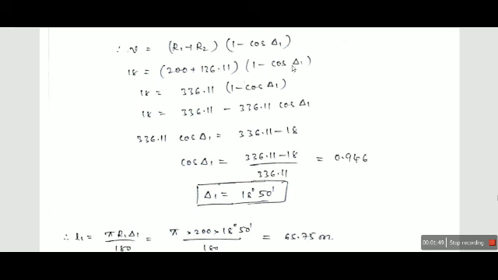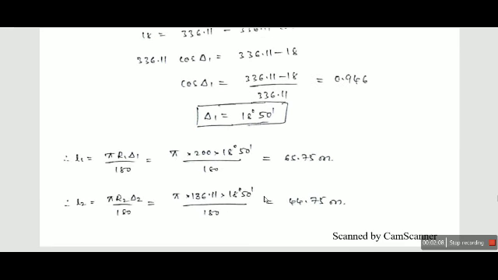Fill in all the values: V is equal to 18, R1 is 200, R2 is 136.11. Then the unknown is delta 1. Simplifying, we will get delta 1 is equal to 18 degrees 50 minutes.